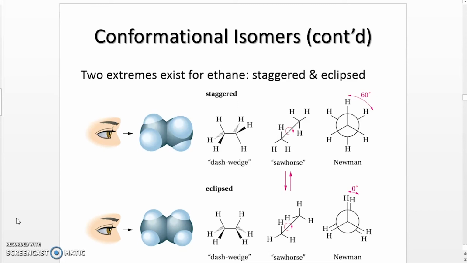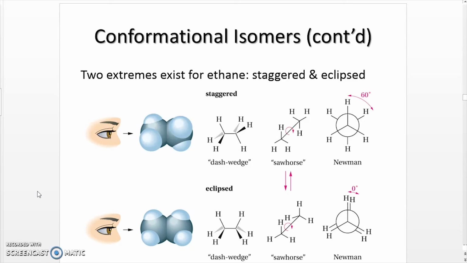So the sawhorse structure has the middle bond which will rotate, as I've mentioned, but the position of the hydrogens is fixed. That bond angle, 109.5, is not going to change. So the front carbon and the back carbon will rotate along that carbon-carbon axis.